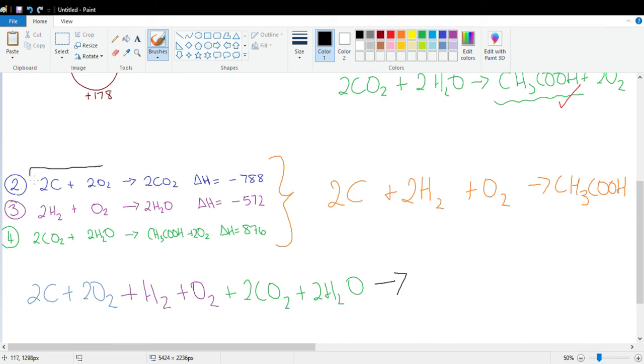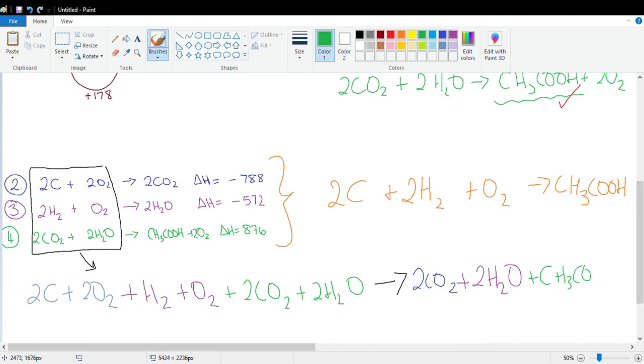So everything on the left hand side here is written on the left hand side down here. And then I need to write down my products. So I have 2 carbon dioxides plus 2 waters plus my ethanoic acid plus 2O2, 2 oxygens.